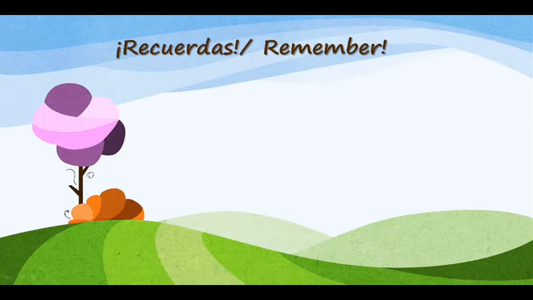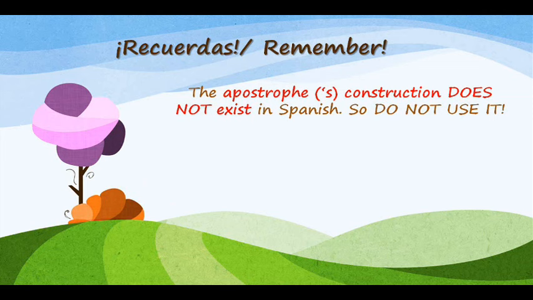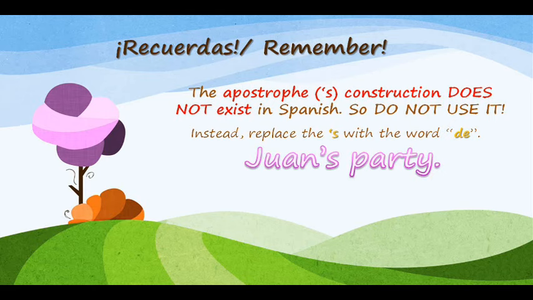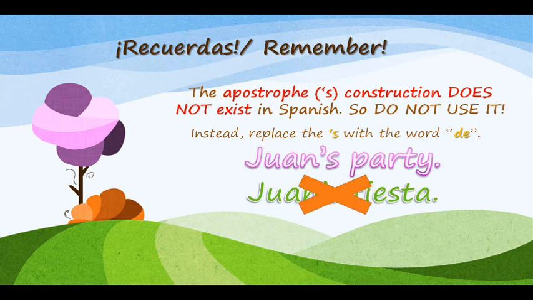¿Recuerdas esta? Do you remember this? Remember that the apostrophe S construction does not exist in Spanish, so you are not going to use it. Even though we already learned this, I would like to remind you that you are not going to use apostrophe S to show possession. It doesn't exist in Spanish. So if we wanted to say Juan's party, we are not going to say Juan's fiesta, because the apostrophe S doesn't exist.